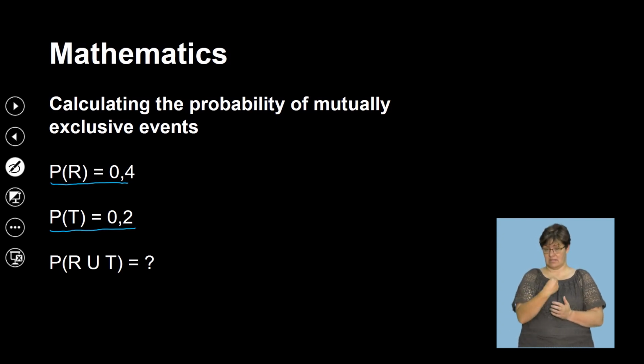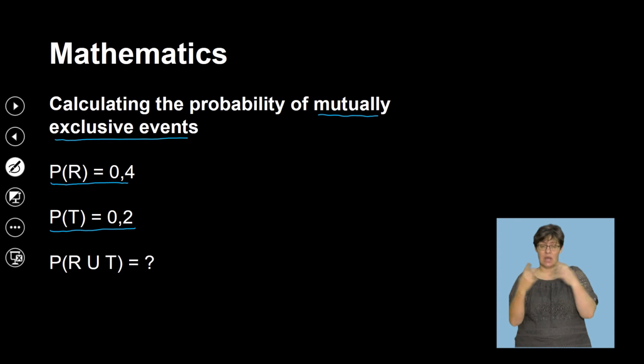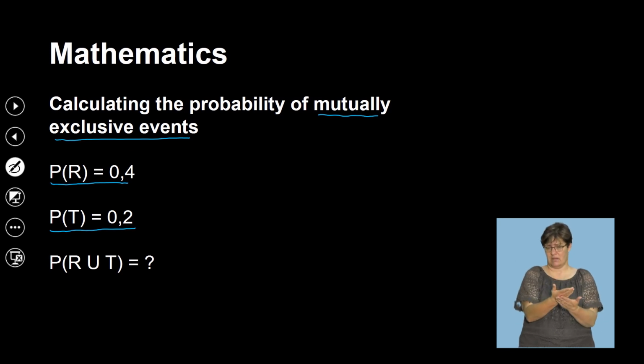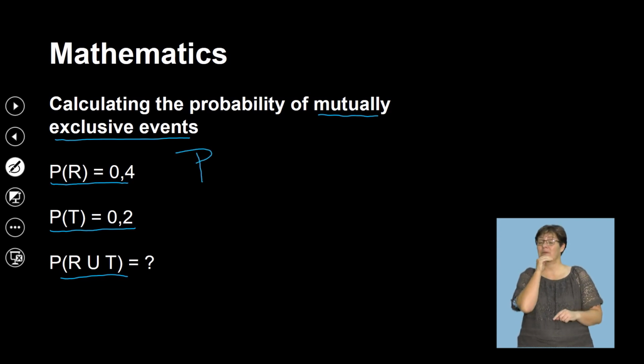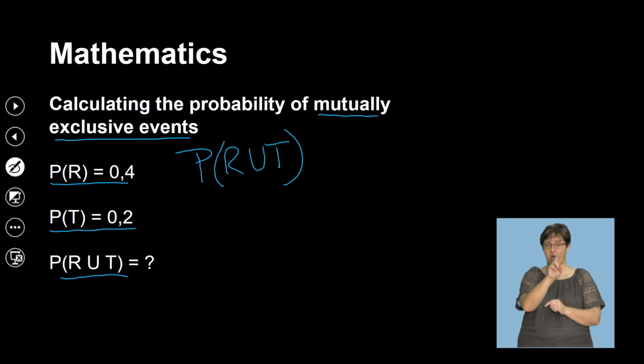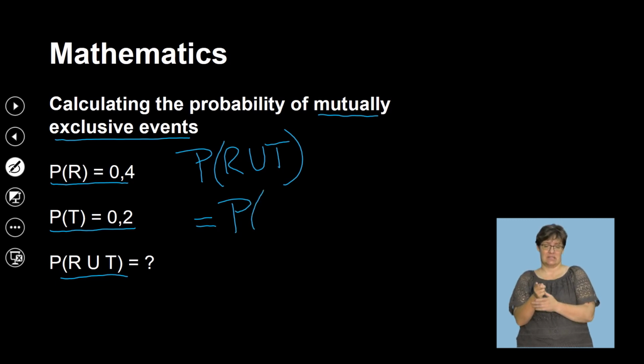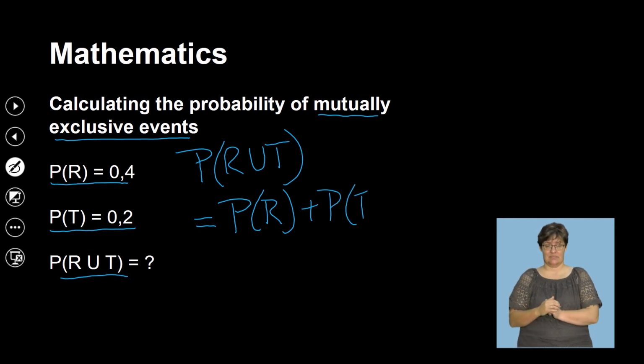They ask us, in terms of these two sets, which are written as mutually exclusive events, representing events, sets, Venn diagrams, what is the probability of those two together? If it's mutually exclusive, remember, the probability of R union T is equal to the probability of R plus the probability of T.